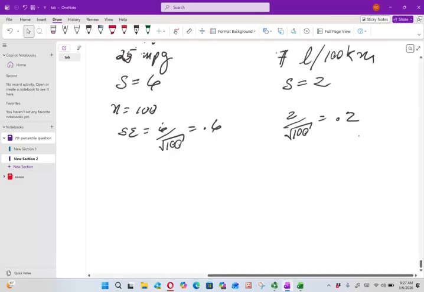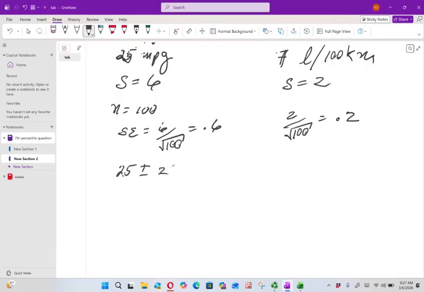So I have, on a 95% bet, 25 plus and minus 2 times 0.6. And always multiply the probability level by the standard error, then add and subtract. This is 7 plus and minus 2 times 0.2.